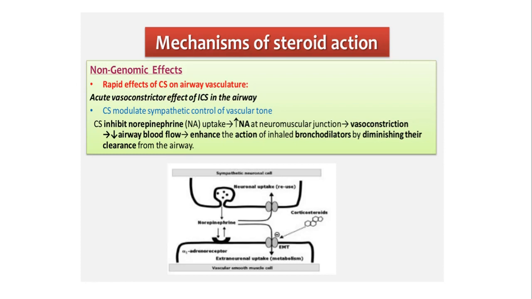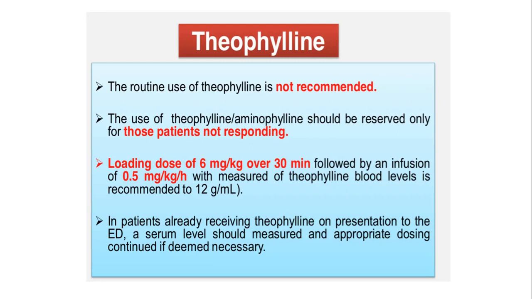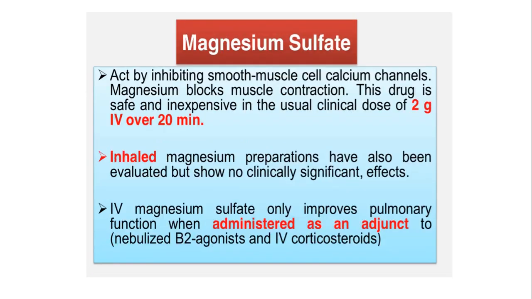Theophylline: the routine use of theophylline is not recommended. Sometimes it can be used cautiously in elderly patients or people who have structural heart disease. Magnesium sulfate dose is 2 gram IV over 20 minutes, diluted in normal saline.